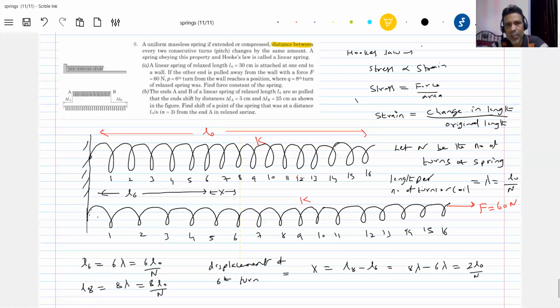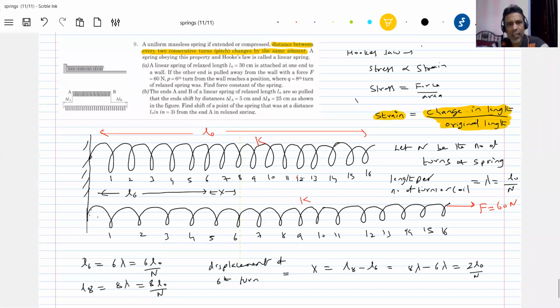So what is the meaning of this sentence? See, most of you might have studied springs in school, but this particular idea is not being expressed even in books. But this is something very basic of the spring. I don't know why books and teachers have missed it.